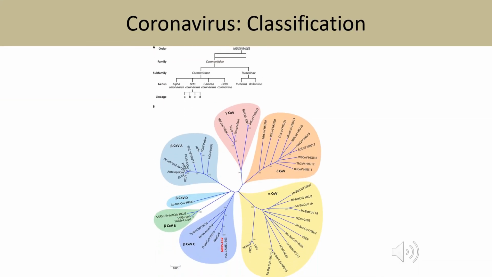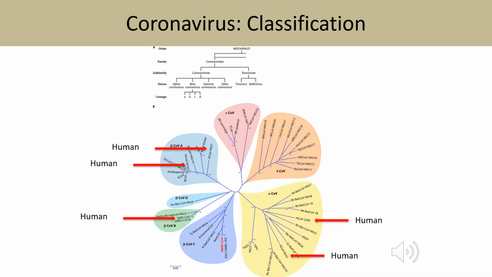So when you look at the family tree of coronaviruses, you'll find that the previous four human coronaviruses that we were quite familiar with came from two major branches of this family. Two of them came from the genus Alpha coronavirus, and two of them came from the Beta coronavirus genus, but from the A lineage.